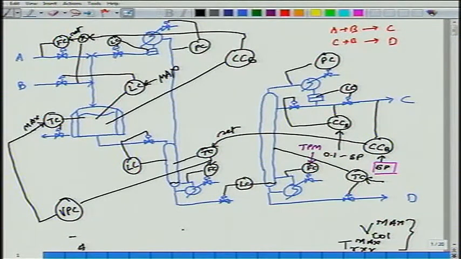So, if the operator says your level controller is not acceptable to me, if it turns out that the reactor is so big that changing its temperature takes a long time, and in that long time the stripper level actually overflows or runs dry, and high level or low level alarms start going off, then of course the operator's concern is genuine.